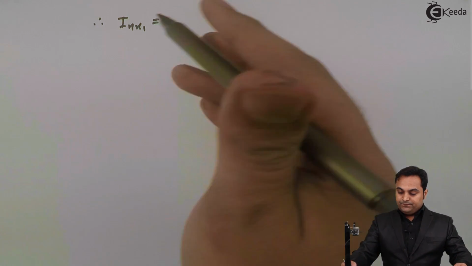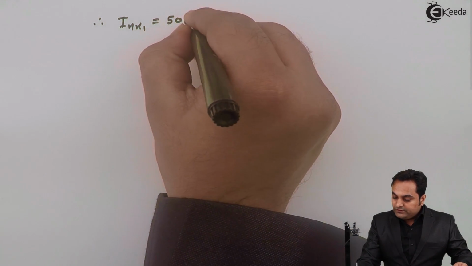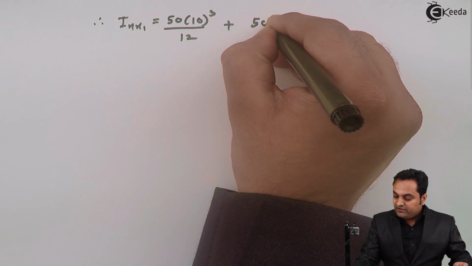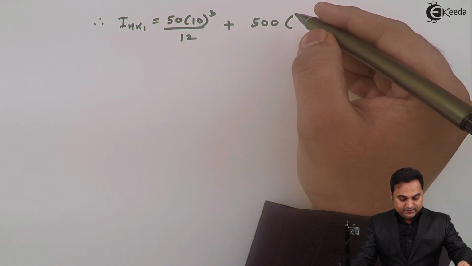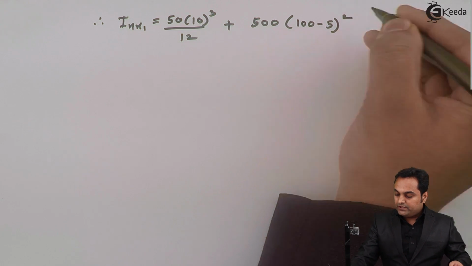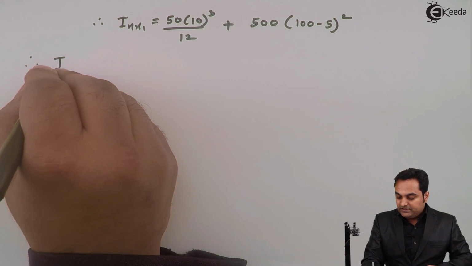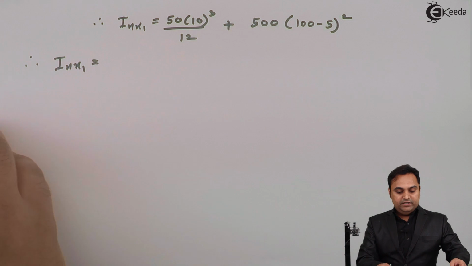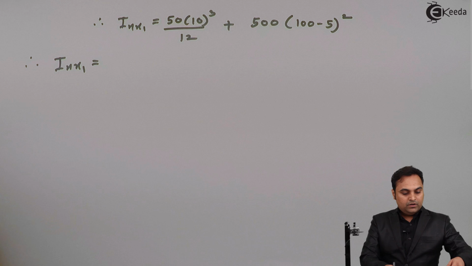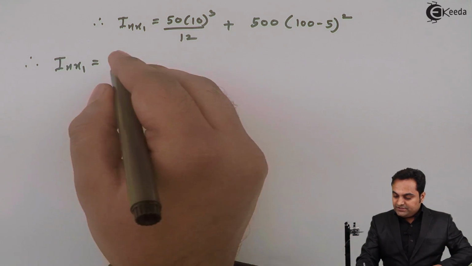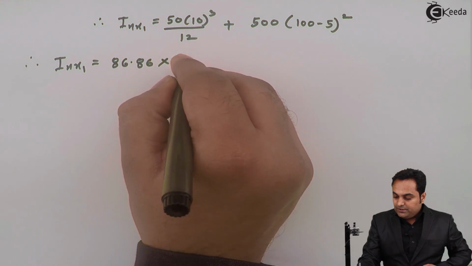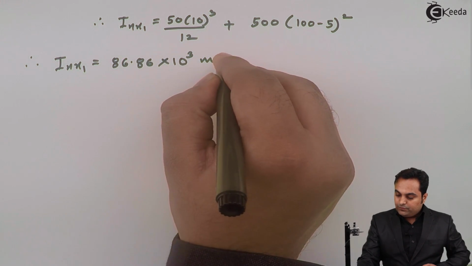So it is 50 into 10 cube by 12 plus area is 500, H1 is 100 minus 5 whole square. So from this I am getting the answer of Ixx1, which comes out to be 86.86 into 10 raised to 3 mm raised to 4.